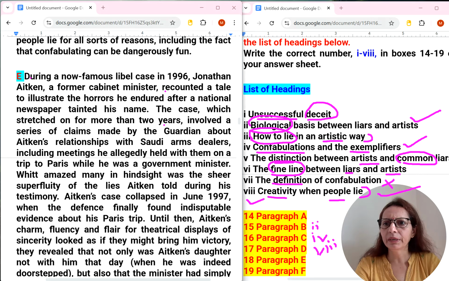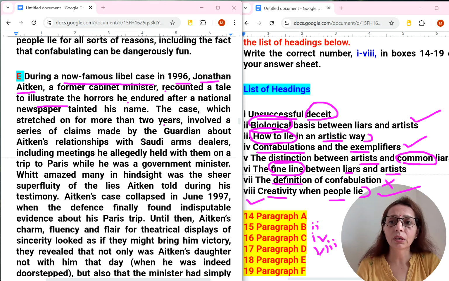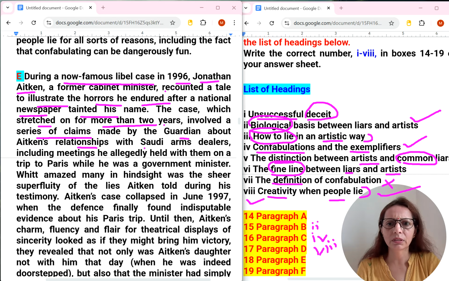Let's read E number paragraph. During a now famous libel case in 1996, Jonathan Aitken, former cabinet minister, recounted a tale to illustrate the horrors he endured after a national newspaper tainted his name. Tale means story. The case, which stretched on for more than two years, involved a series of claims made by the Guardian about his relationship with Saudi arms dealers, including meetings he allegedly held with them on a trip to Paris while he was a government minister.